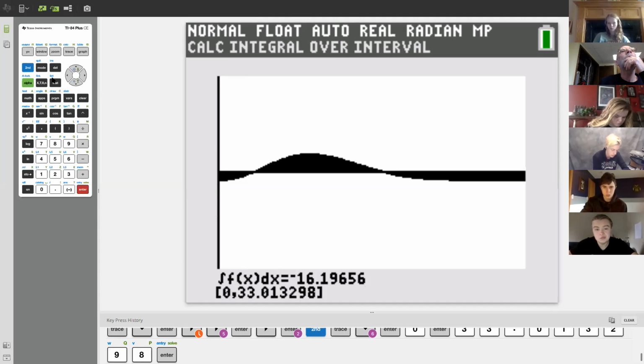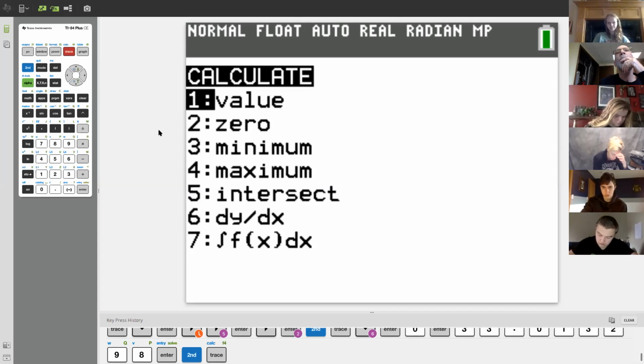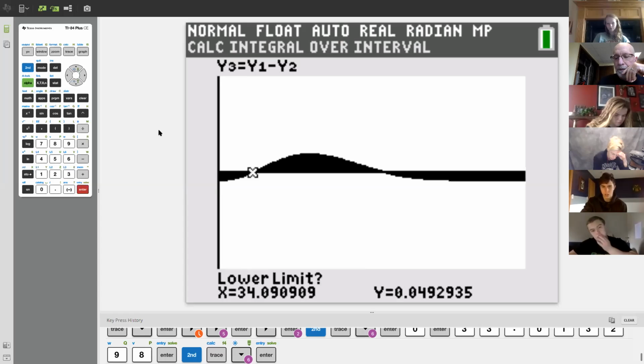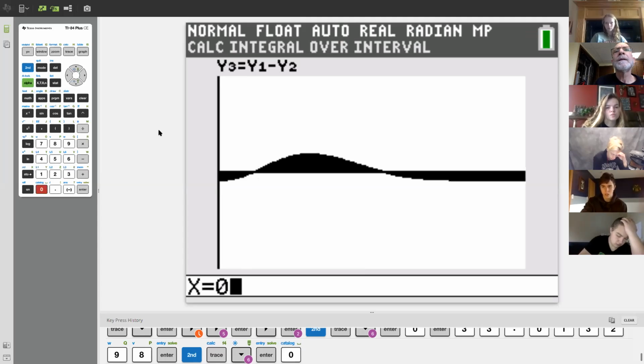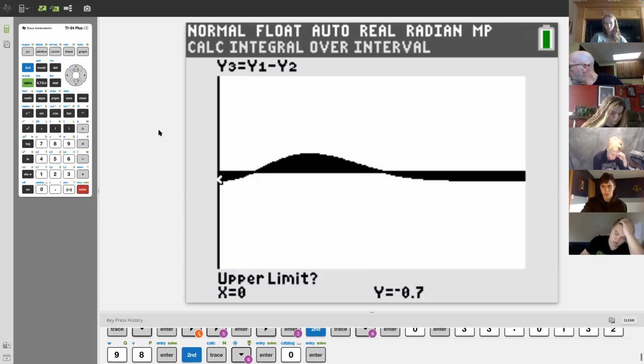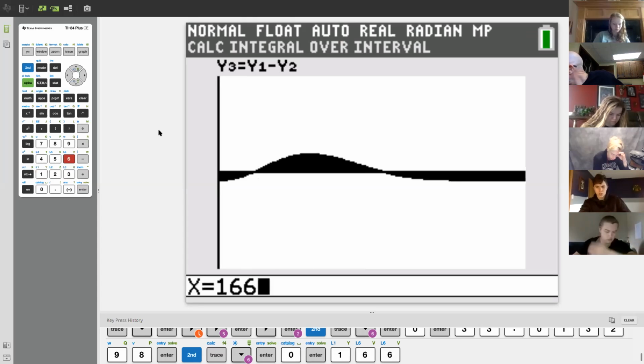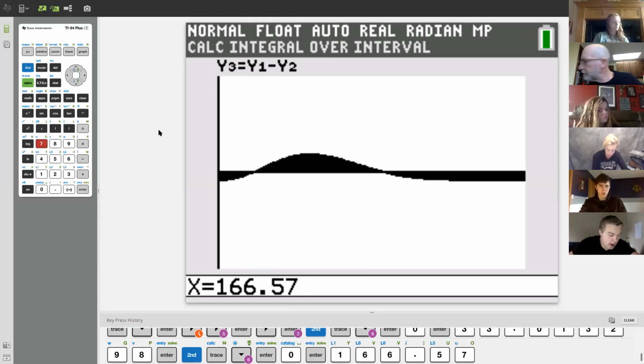And now I'm going to go second calc again, because they want me to consider it. I could do this a couple of ways. I could integrate, well, no, I'll go from 0. It's easier for me to type in 0. And then I'm going to integrate to 166.574719.